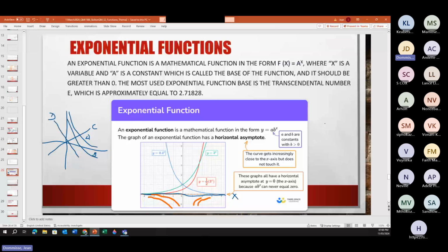Okay, then the other thing is that it is really important to look at that formula. Again, certain things in that formula. So again, the b is always bigger than 0. So you can't have a negative. Then it is not an exponential function anymore. Then you will go into different functions.